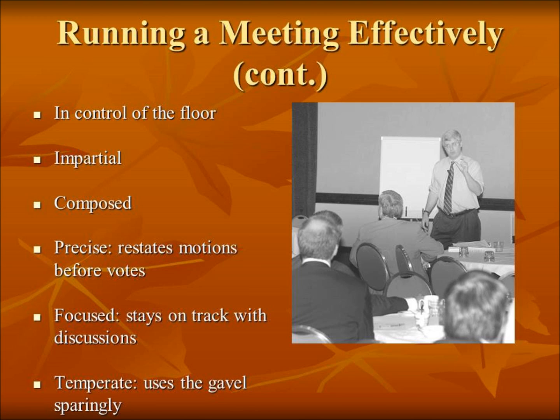You're focused, stay on track with the discussion, and you're temperate. That is, use the gavel sparingly, call someone out of order sparingly. If you will practice these simple tips, it will help you run an effective meeting, and before long, you'll be a real pro at it.